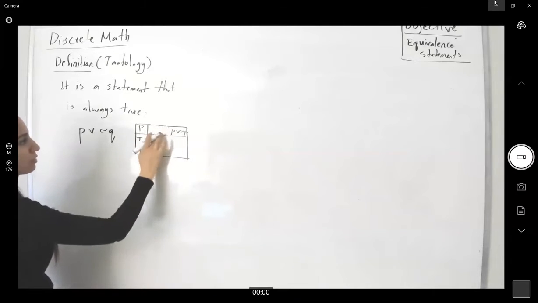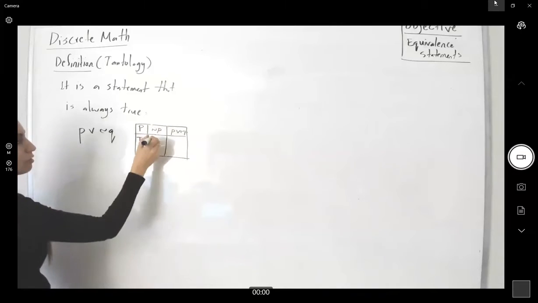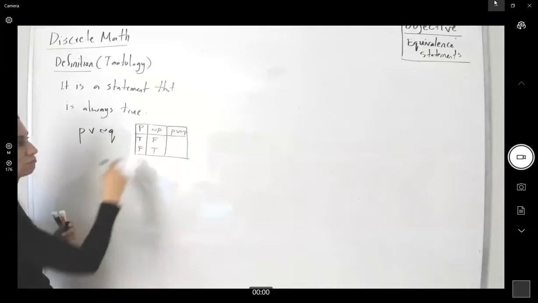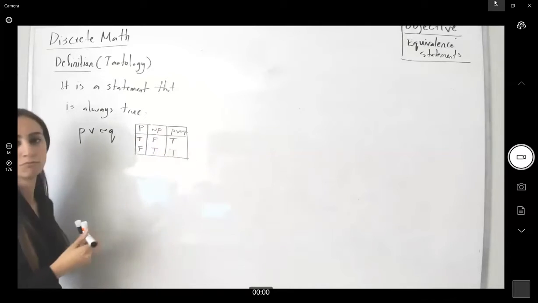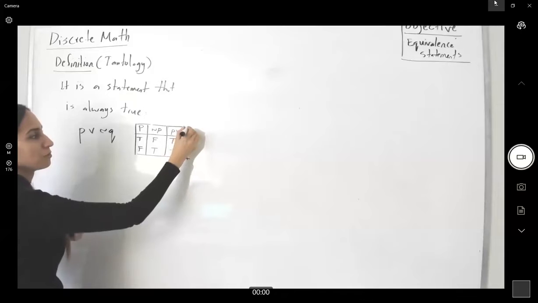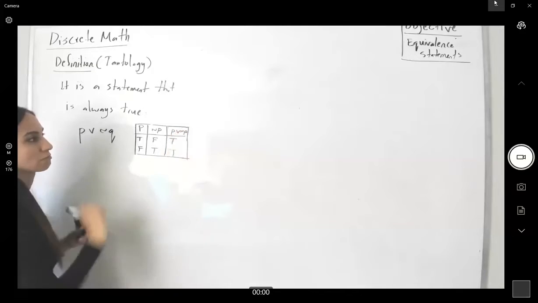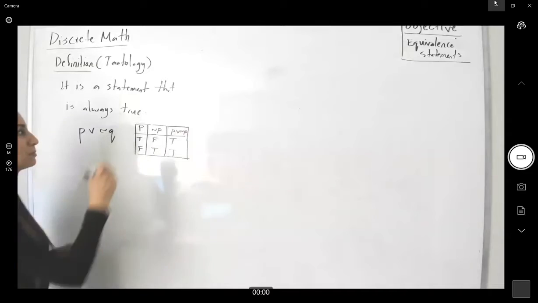False, true. True or false is true, false or true is true. P or not P is always true. We call it tautology. We denote it by T.